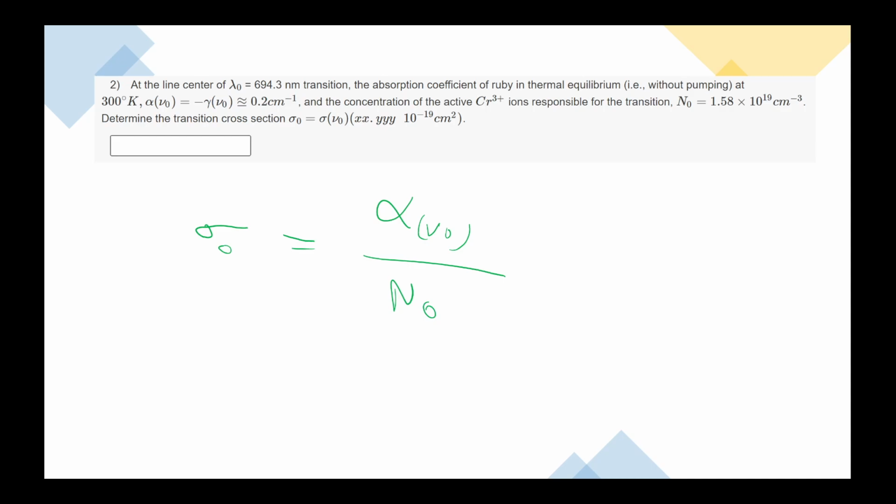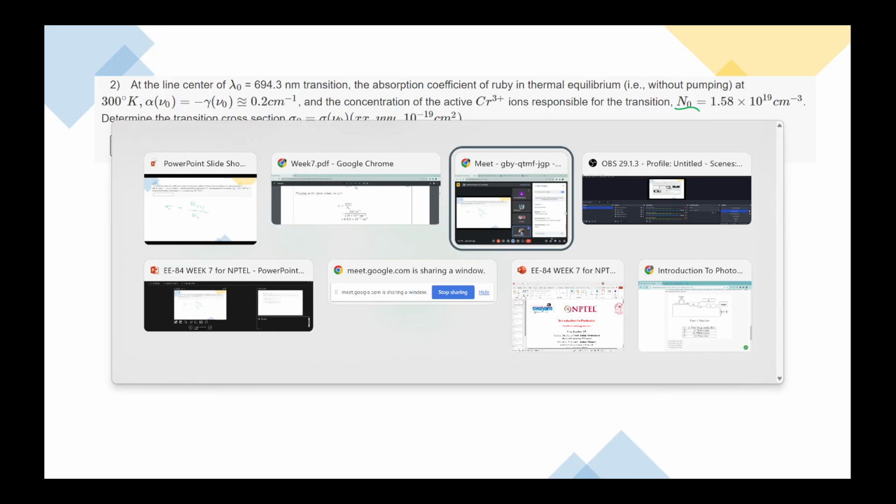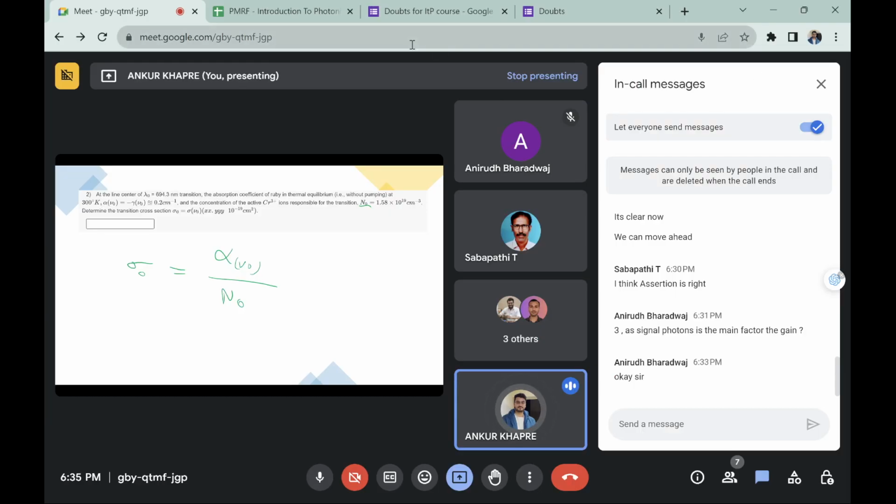If you write down everything here, we have been given this alpha naught value and N naught value. That's the simplest question. Did you get the answer? Can you just try to solve this so we can confirm that?